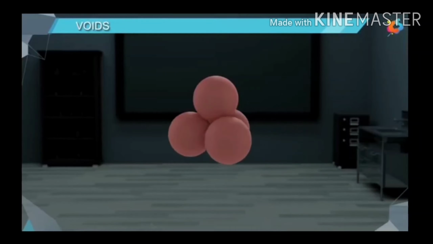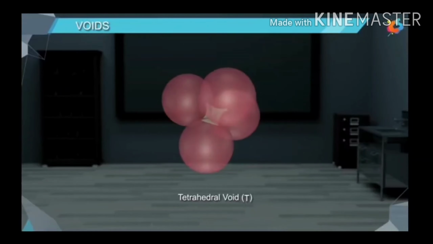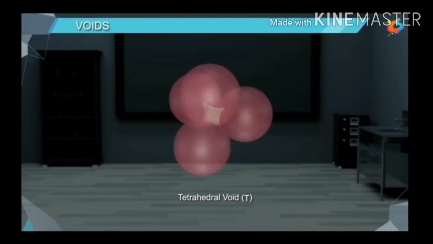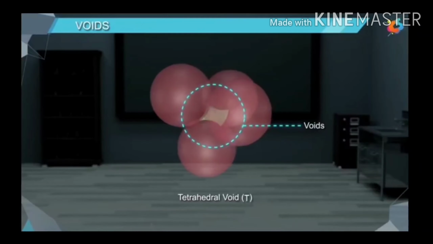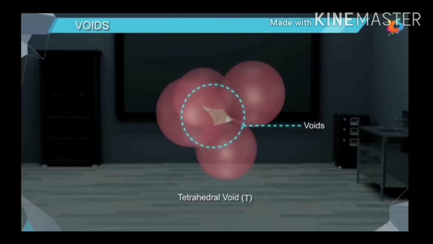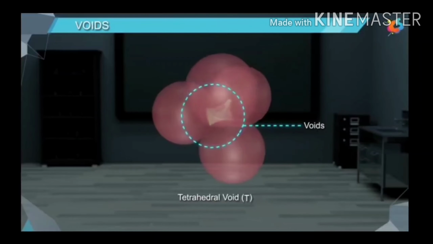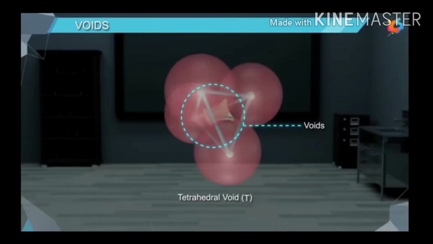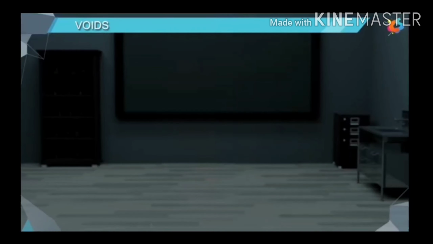So there are three atoms above which another atom is placed, and in between this kind of voids will be observed. I will show it on the board how it is actually formed. So you can see the voids over here in this 3D diagram. Three atoms will be in one plane and there will be another atom on top of it, and that is how the tetrahedral voids will be formed.